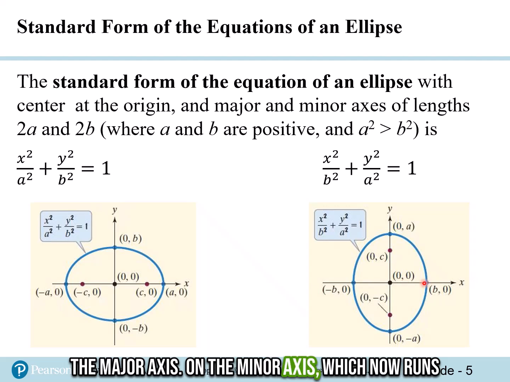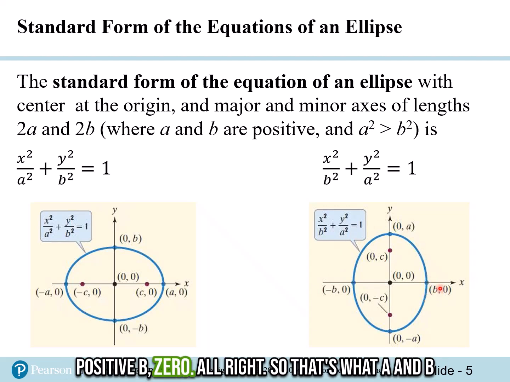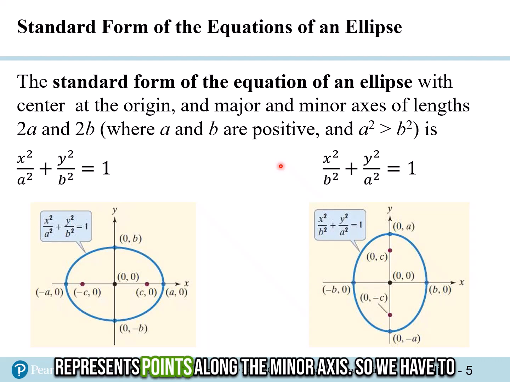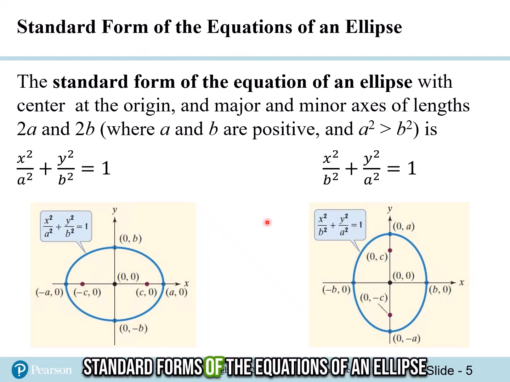On the minor axis, which now runs horizontally, the endpoints are -b, 0 and +b, 0. All right, so that's what a and b represent. a are points along the major axis, b represents points along the minor axis. So we have to memorize each of these standard forms of the equations of an ellipse.